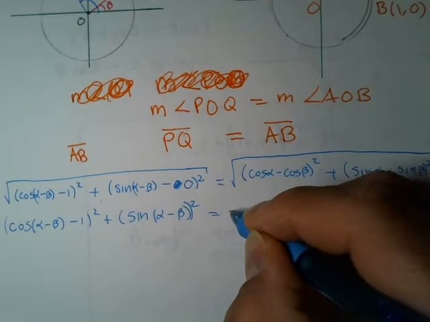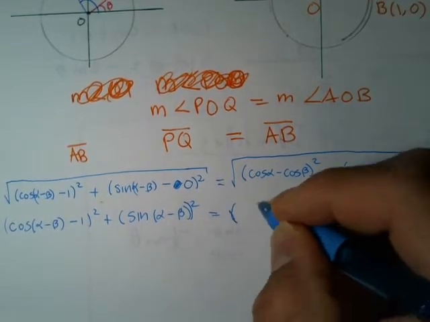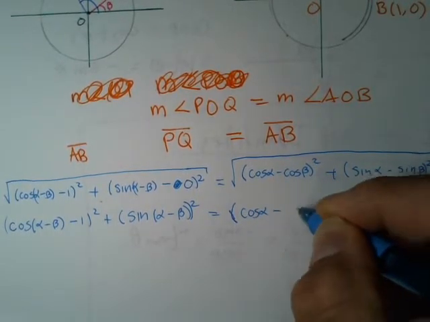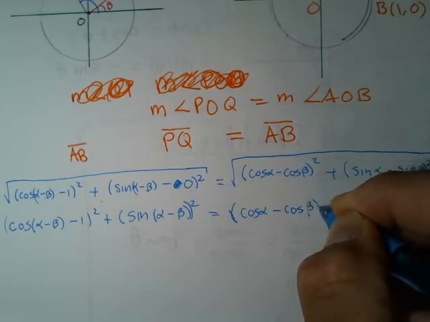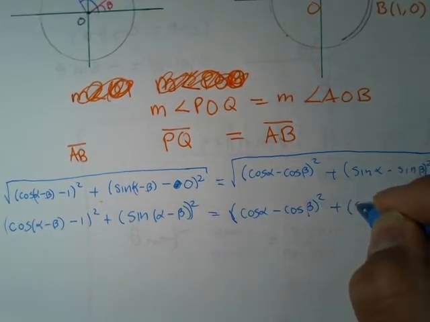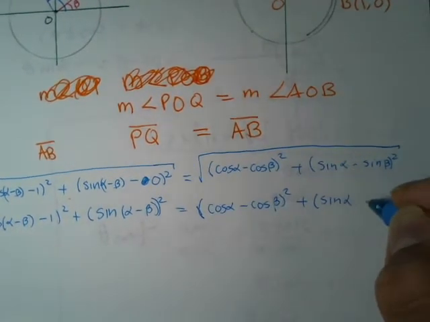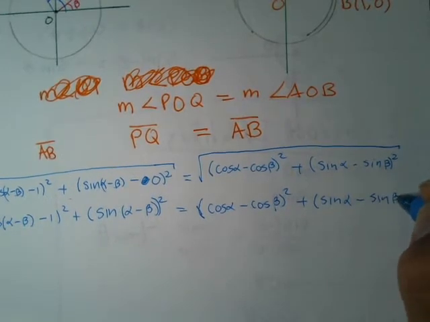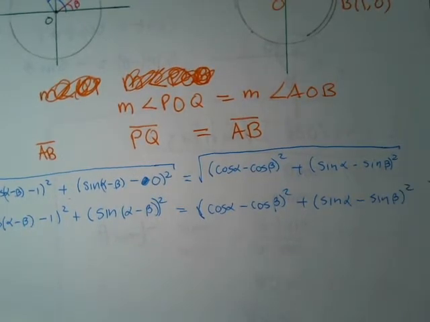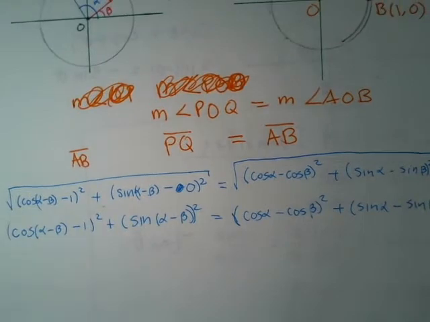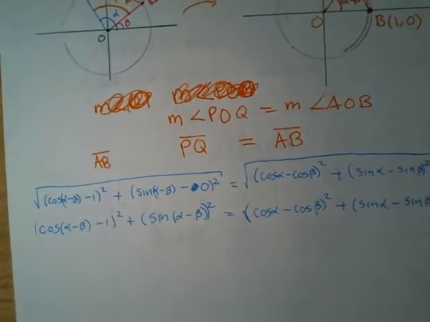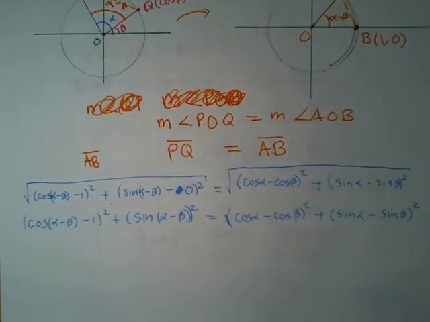And then over here, cosine alpha minus cosine beta squared plus sine alpha minus sine of beta squared. All right, that just eliminates the root by squaring both sides. It just cleans things up a little bit.